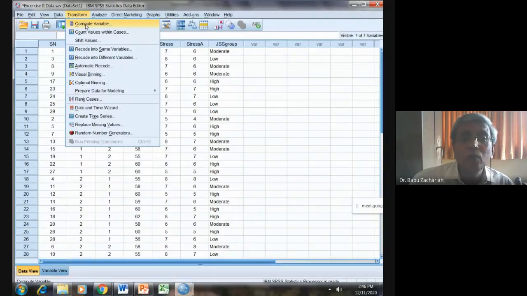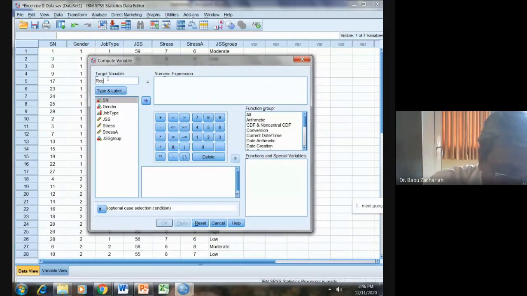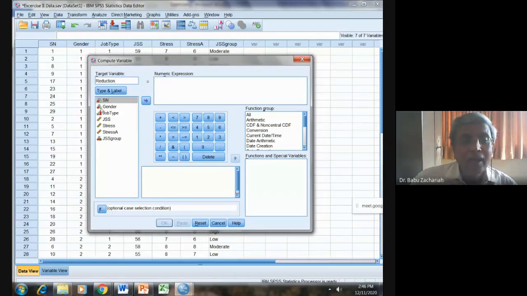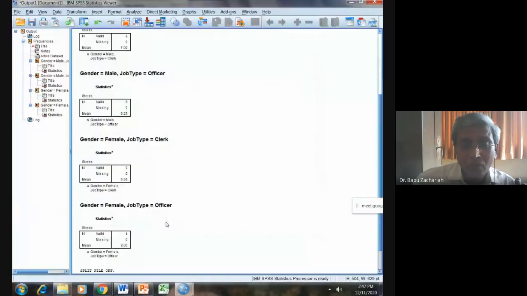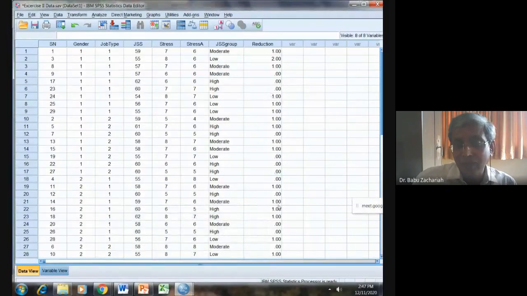A compute variable. You go to transform menu, compute variable. And here I am writing reduction. Okay. And first you put stress value minus stress after intervention, stress A, and click OK. Go back and see the screen. Say here those are computed.